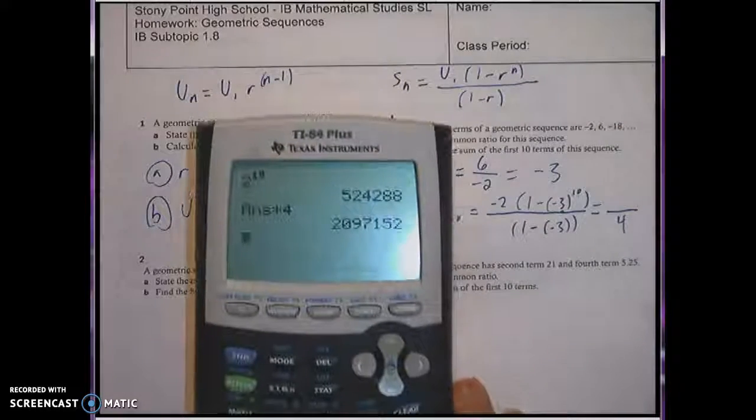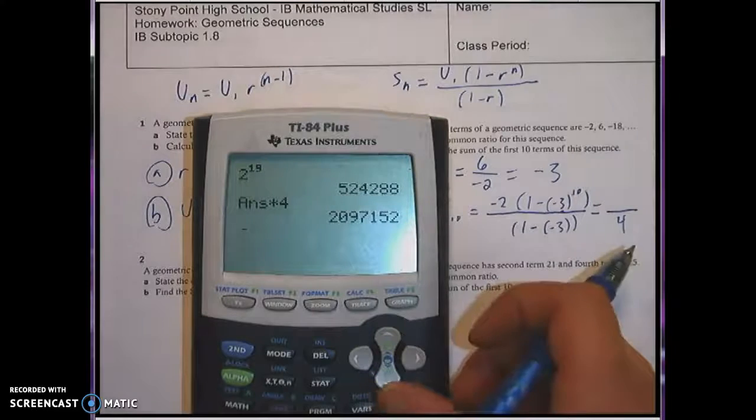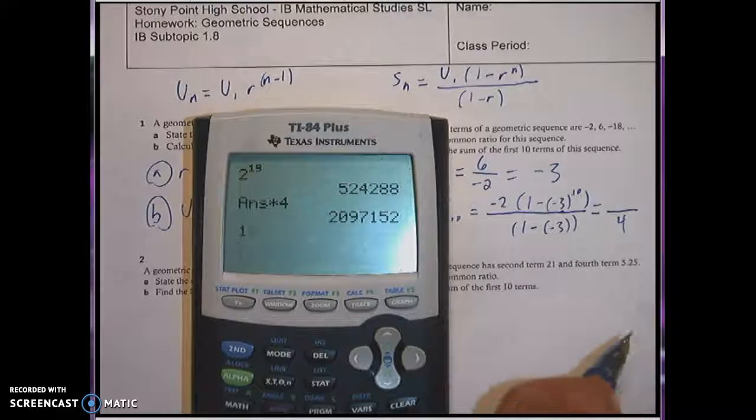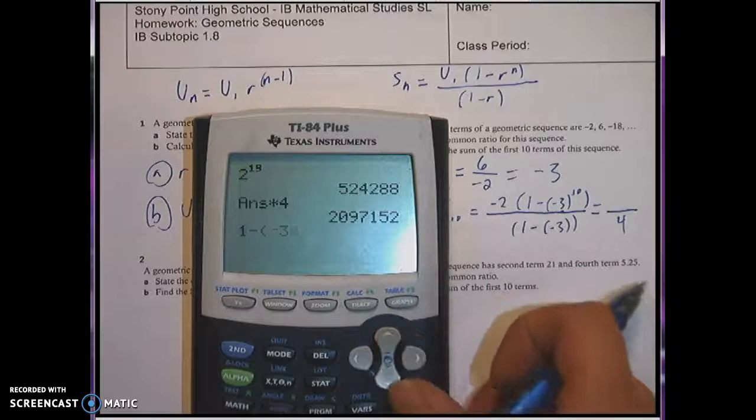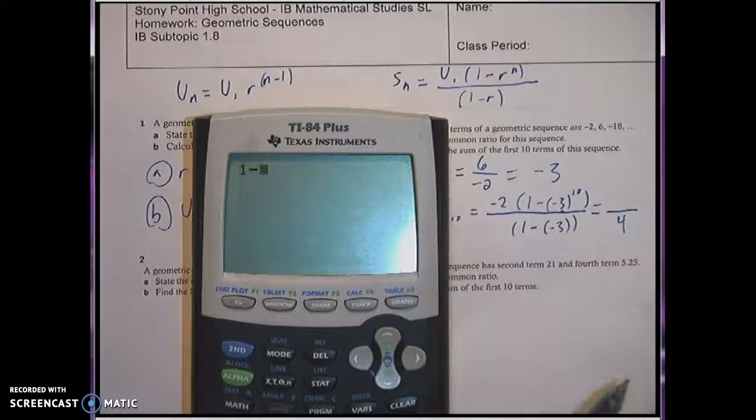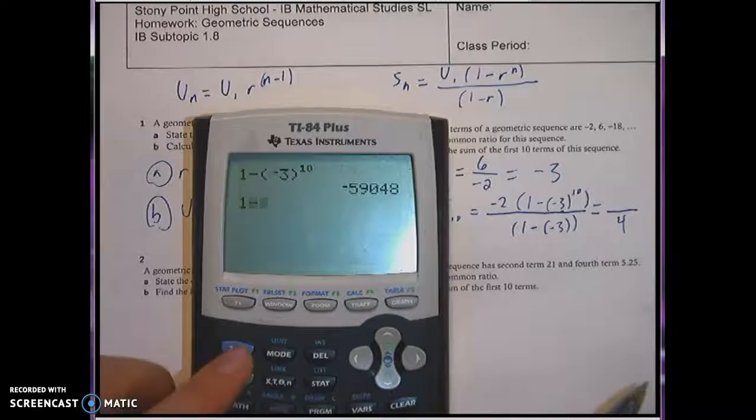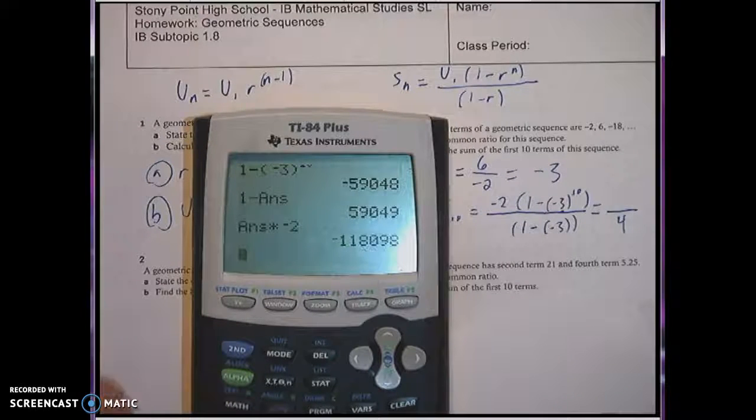Let's figure out what that numerator is. 1 minus -3 to the 10th power is going to be -59,048. I'm going to do 1 minus that multiplied by -2.